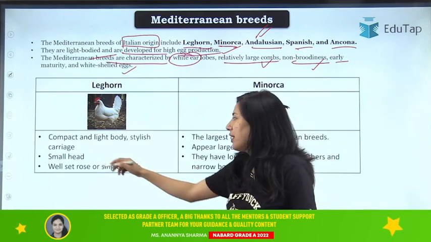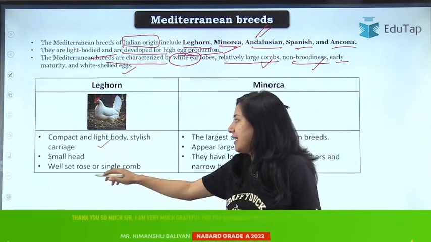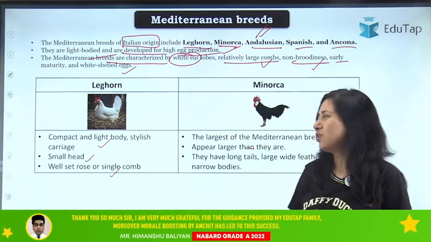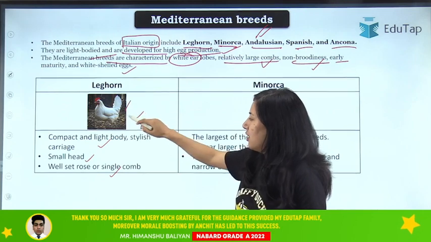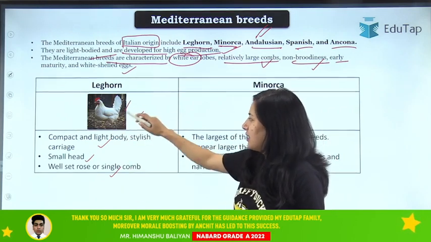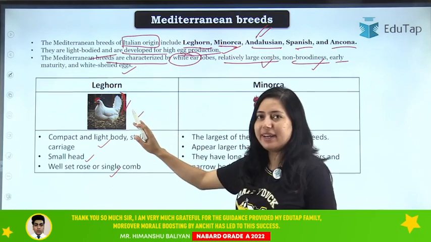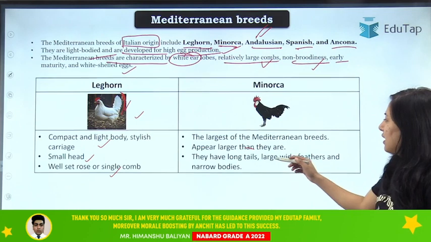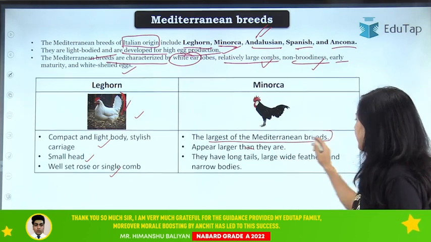So basically Leghorn has compact and light body, stylish carriage and small head, well set eyes and single comb. You can see that they have characteristic features, and there is a single comb, and their carriage is different, right? They have a stylish carriage. Then we have Minorca. So this is the largest of Mediterranean breeds.